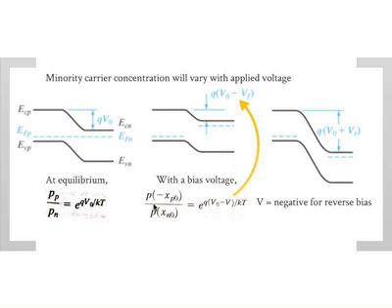Okay. Now, when you have an applied bias, like I said before, the Fermi levels split, and the difference in energy between the Fermi levels is just the applied bias voltage. Okay?